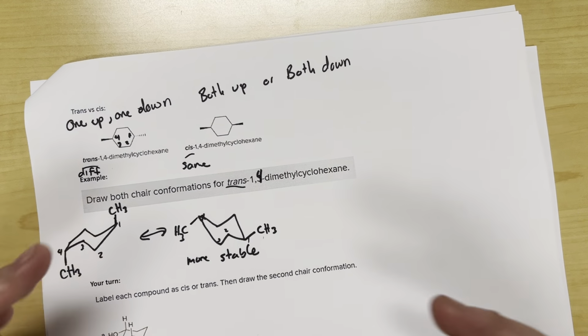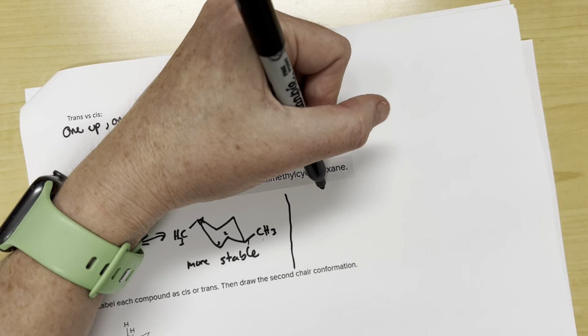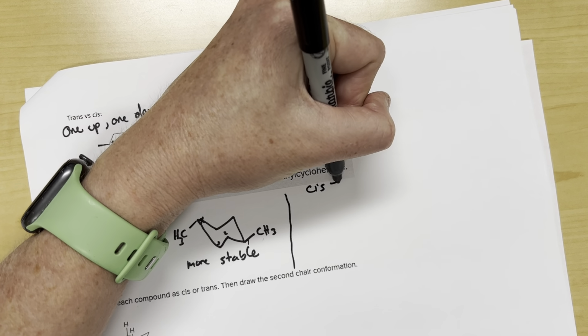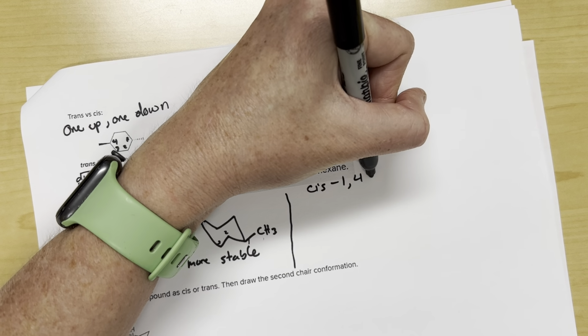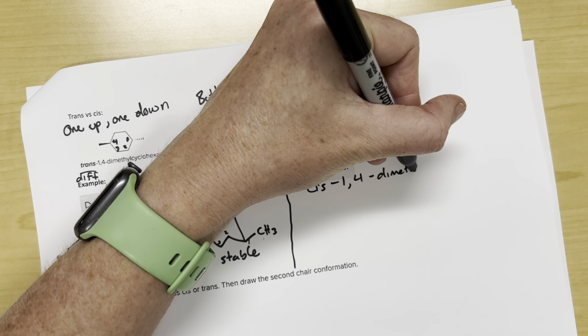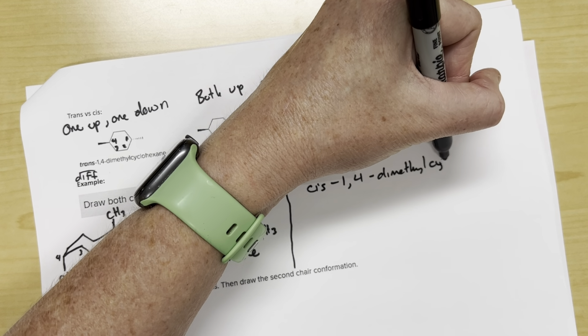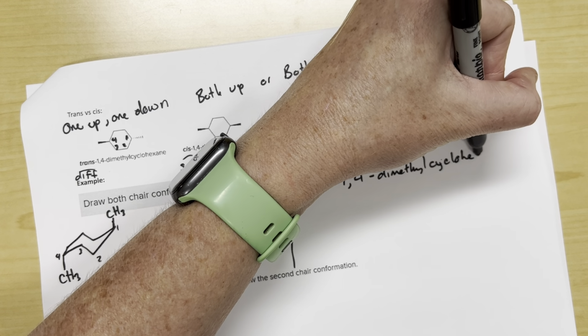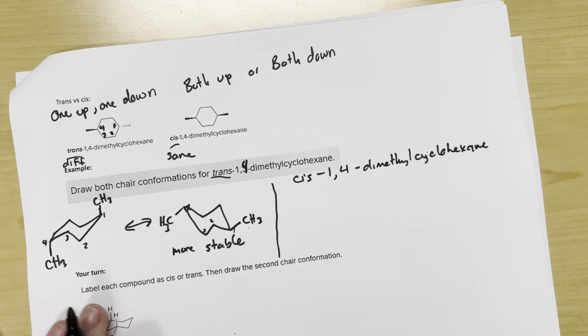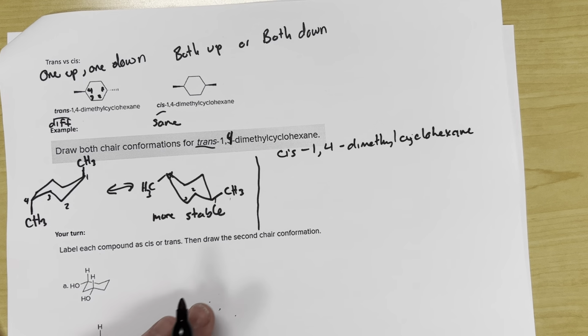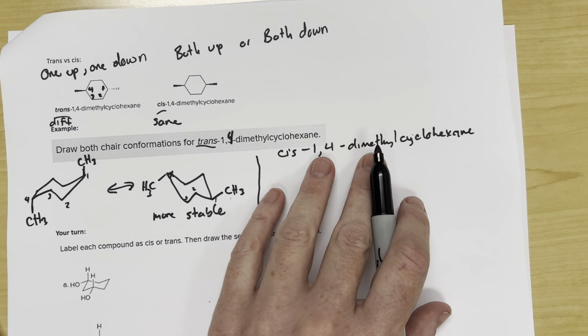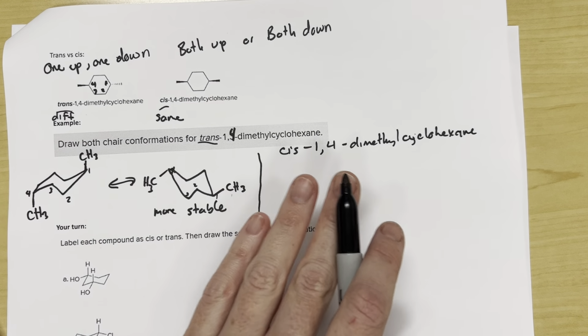All right, while we're at it, let's go ahead and do cis 1,4-dimethylcyclohexane, just to make sure we understand this concept. So when I'm doing cis, they both have to be up or they both have to be down.